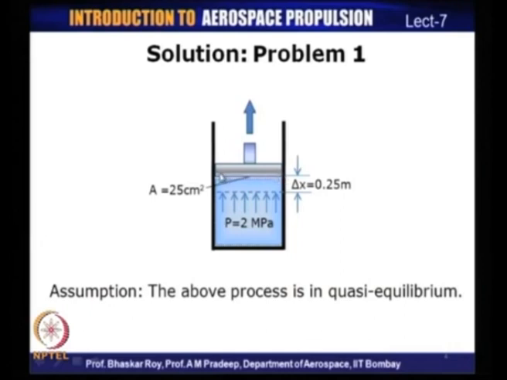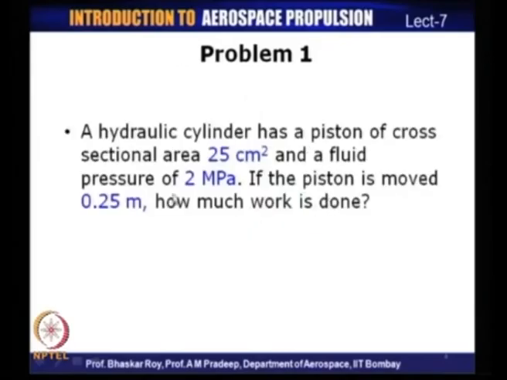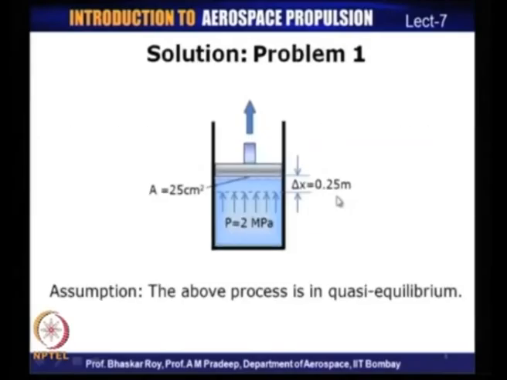Now, the area of the piston is given as 25 centimeters square, and during this process it's basically an expansion process. So, the piston has moved by a certain distance which is specified as 0.25 meters or 25 centimeters. So, this is the problem, and we are required to find what is the work done during this particular process.